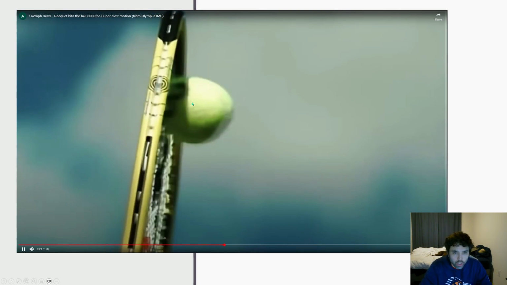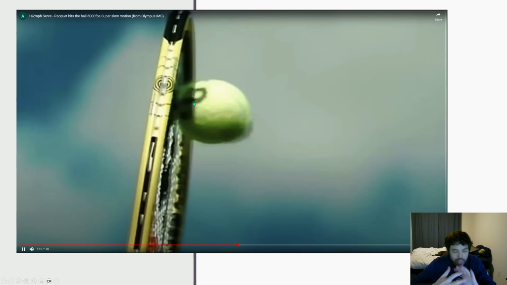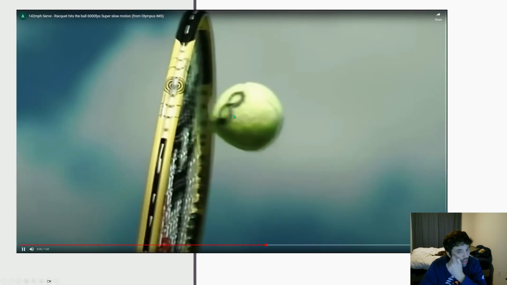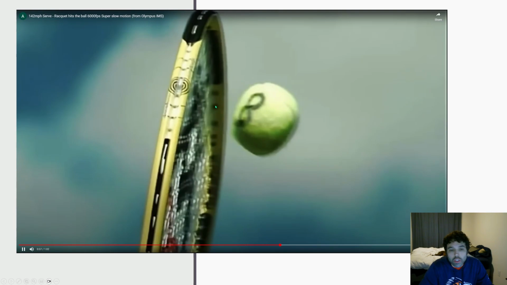The tennis ball is going to compress on one side, it gets all squished up, and its center of mass still hasn't moved. And then as the momentum is transferred to the tennis ball and the force is applied over a little bit longer period of time, that tennis ball regains its shape, kind of uncompresses, and then is shot out and bounces off of the tennis racket.